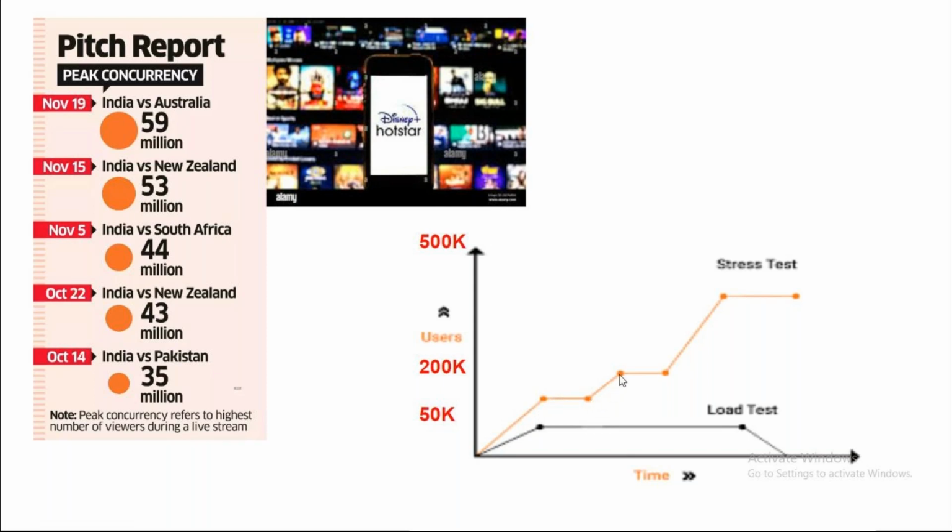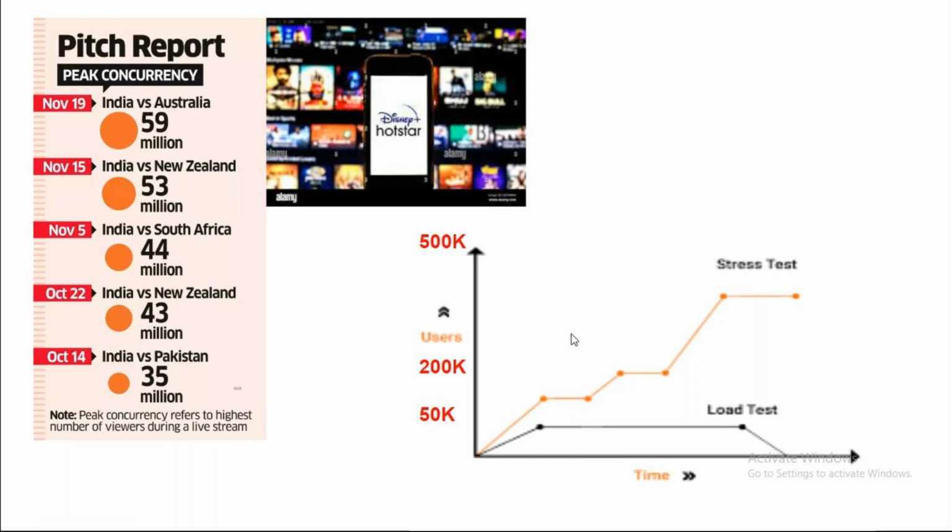Again, slowly we will increase the load to 200K, run it for 10 minutes, and then we keep on increasing the load until the application crashes. So we will go back and tell the customer that the application withstands up to this much load, and after that it crashed. This is the difference between load test and stress test.